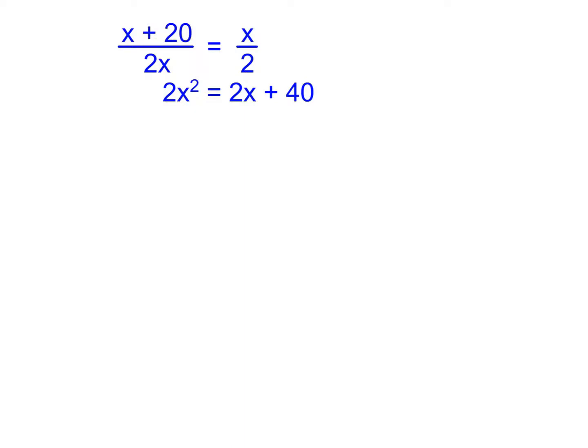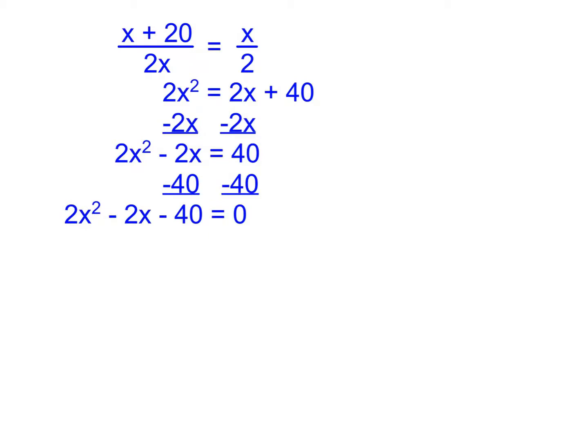Since there's a bit of work left to do on this, I made some more room. Since I want it equal to 0, I'm going to move everything to the same side. Since I want to keep the x squared positive, I'm going to subtract the 2x from both sides, and then I'm going to subtract the 40 from both sides. That way I kept the x squared term positive. Now that it's set equal to 0, I can worry about factoring. So go ahead and factor from there.